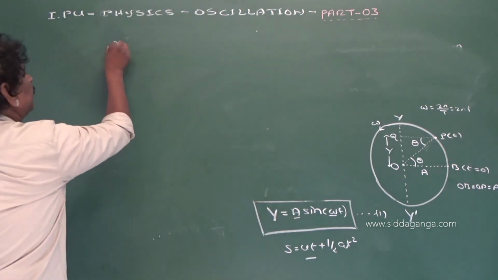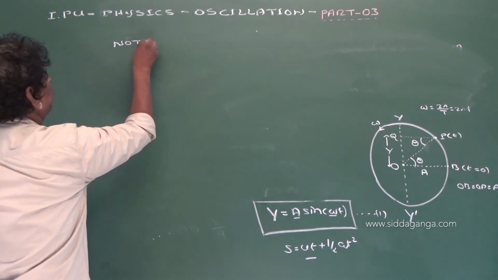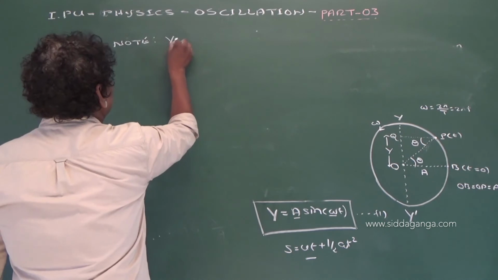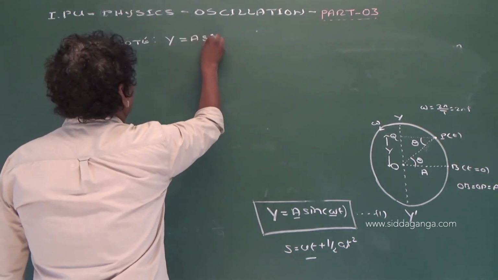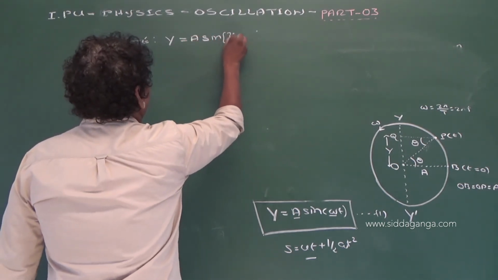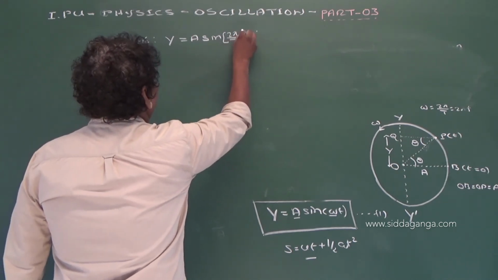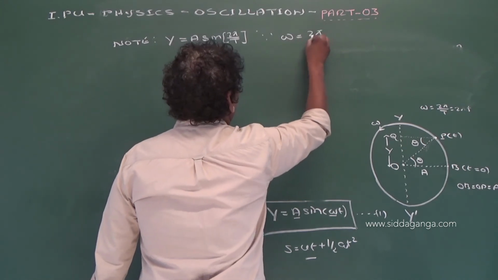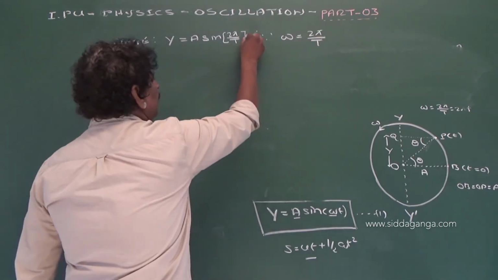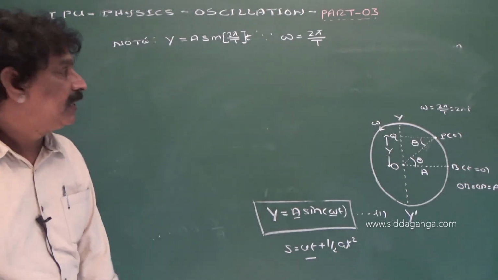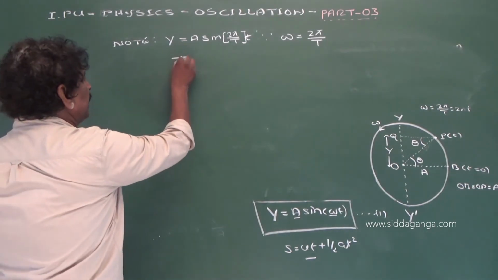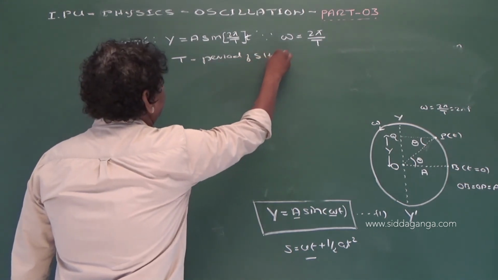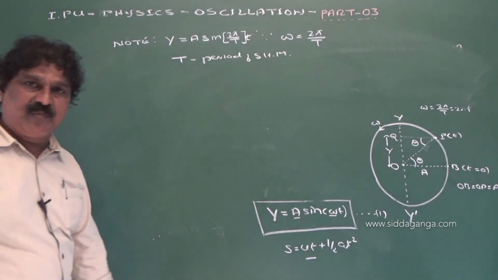Now, take note. This equation 1 can also be written as y is equal to a sin 2 pi by T into t, because we know that omega is equal to 2 pi by T, where T is the period of simple harmonic motion.